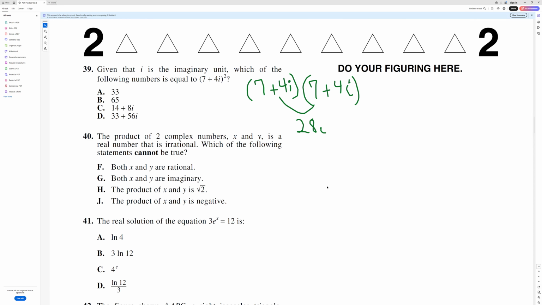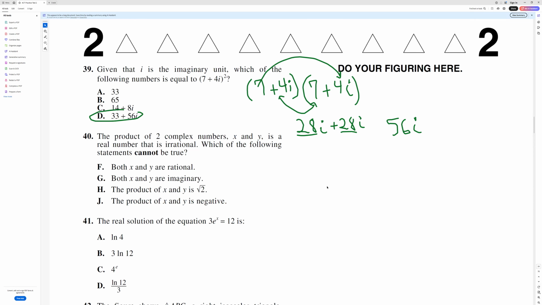It's all positive. And 7 times 4, inner outer, is also 28i. So in the middle, we're always going to have 28i and 28i, which is 56i. And they don't cancel because the other one is going to be i squared and whatnot.